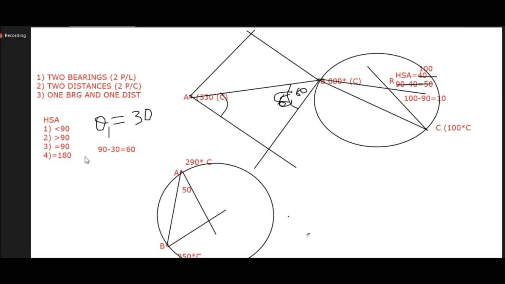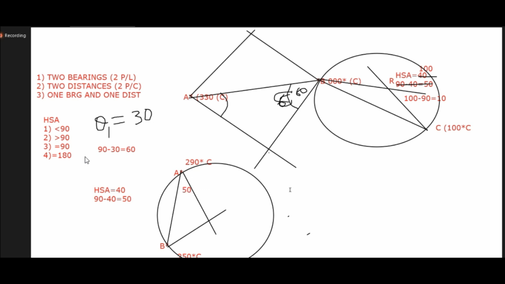If it is 250, then 40 degrees, sir. Now what will be the complementary angle of 40? HSA is 40. 50, sir. So complementary angle, 90 minus 40 is how much? 50.